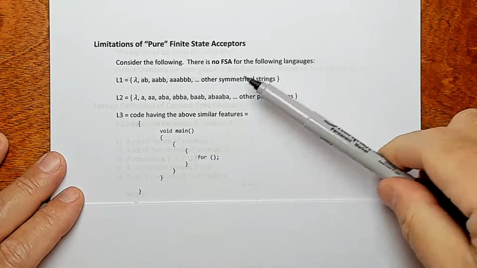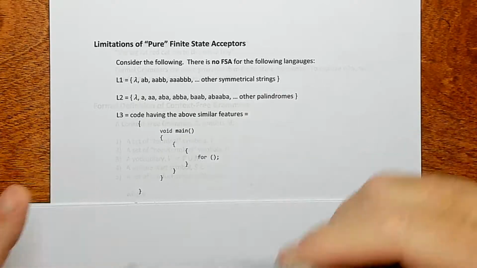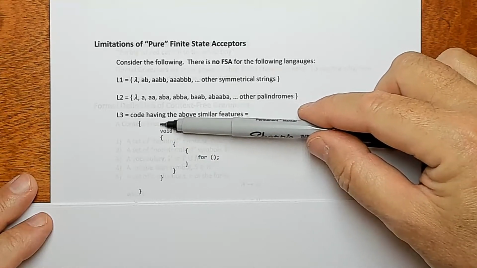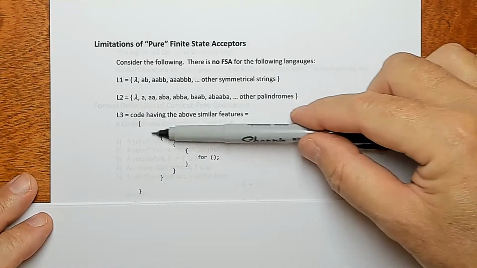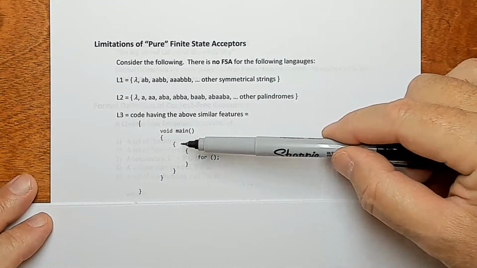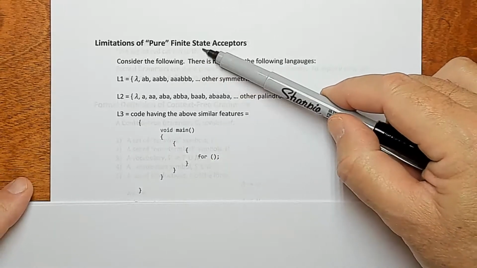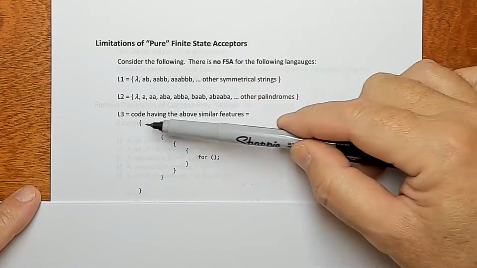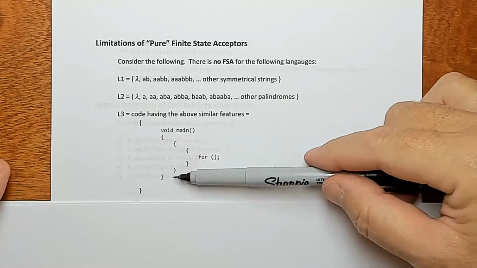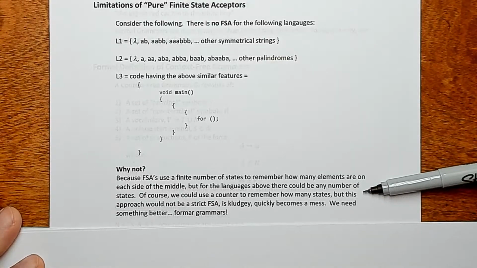And I'm asserting to you that there is no pure FSA that can check for these. Now, why is that? Because there's an infinite number of states here. You could write a program with any number of these, and for a pure FSA, you would need a state to keep track of each one of these. A finite state machine has a finite number of states, but here the number of states varies. It's not going to be infinite, but it could be any number. So there's no way to generate a pure FSA with that.